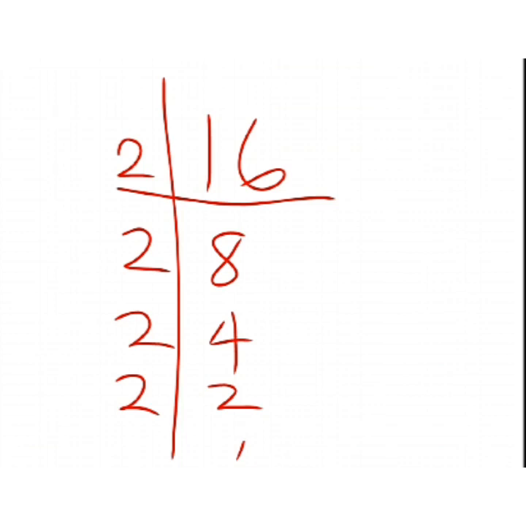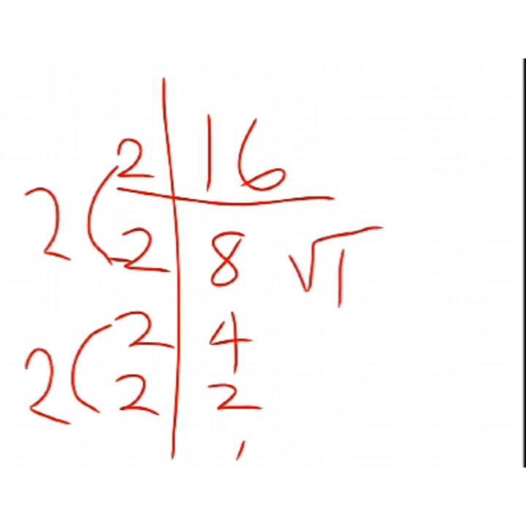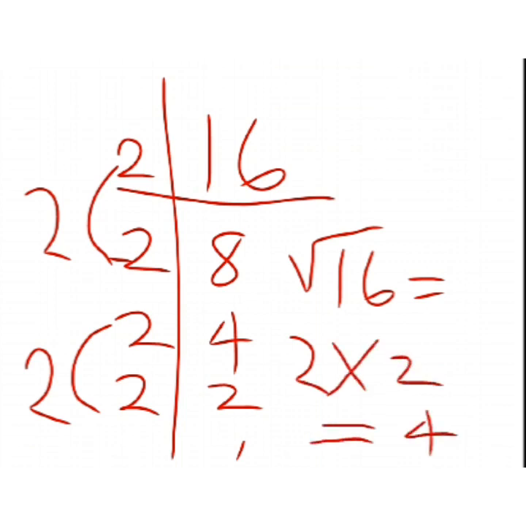What you do is you pair each of the groups and have a representative. Do the same thing here and have a representative. It therefore means the square root of 16 is 2 times 2, which is equal to what? 4. Very simple. Any question?